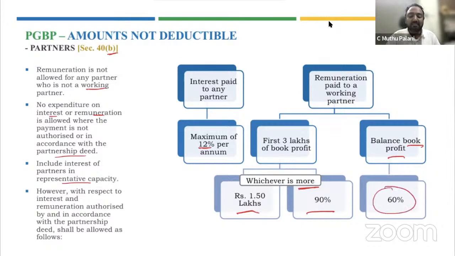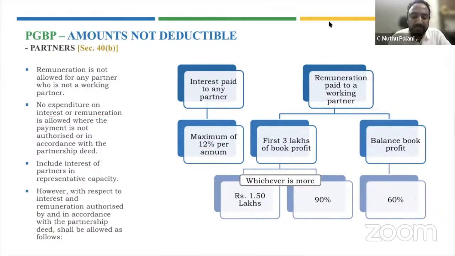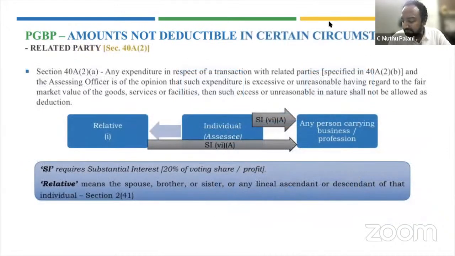The reason we have a slab limit like this is that even if you are making a loss in that year, you are still eligible for 1.5 lakhs. So for the first 3 lakh, it is 1.5 lakhs or 90%. For the balance book profit, it is 60%.